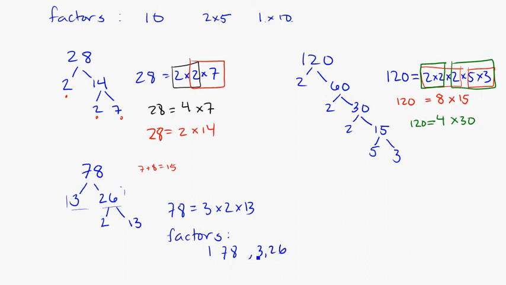Or you could do something like 6 and 13, looking at combining those two and the 13, circling up those two numbers, timesing them, and having the 13. And those are all the ways we can combine the end numbers on those branches, 3, 2, and 13, to get our factors, and then remembering that you always have 1 and the number itself as a factor as well.